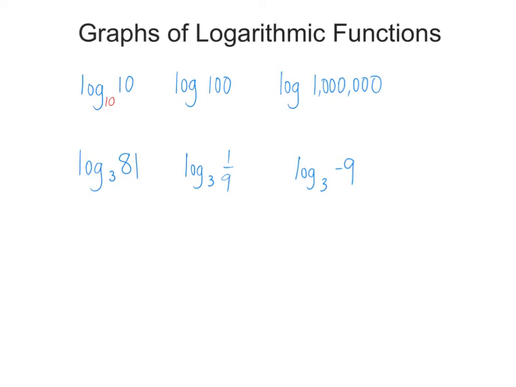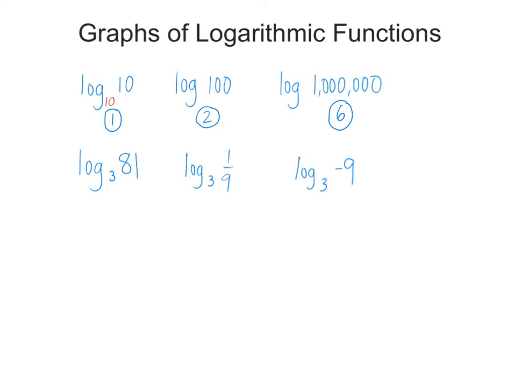So this first one, log of 10 equals 1, because what do I need to raise 10 to get 10? First power, 10 to the first is 10. So log of 100 would be 2, because 10 squared is 100. Log of 1,000,000 would be 6, because 10 to the 6th equals 1,000,000.